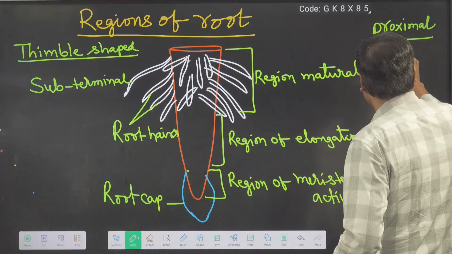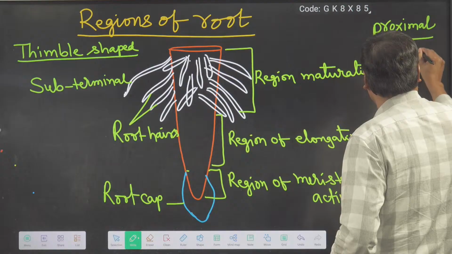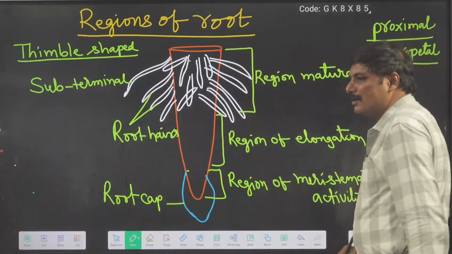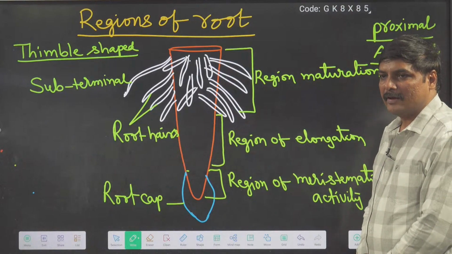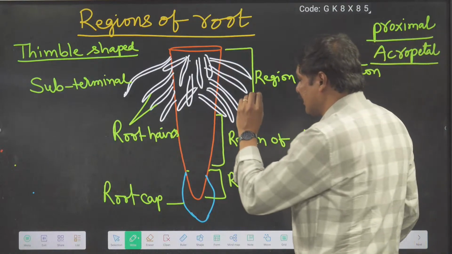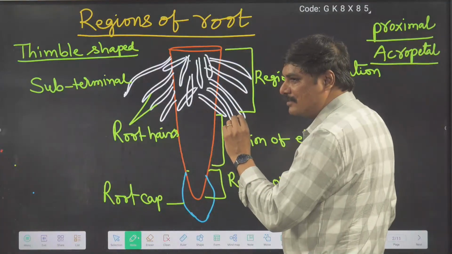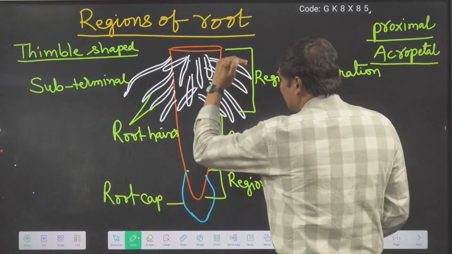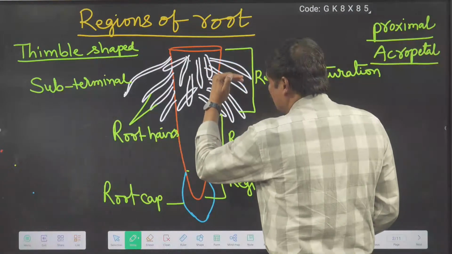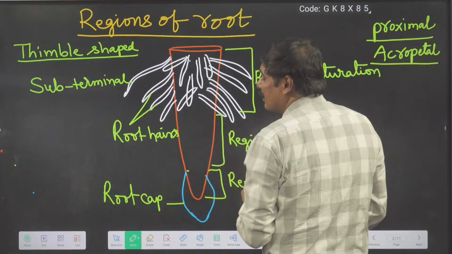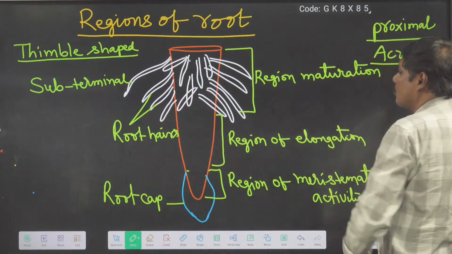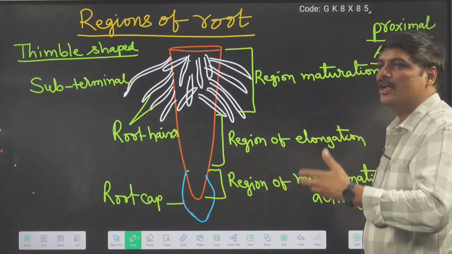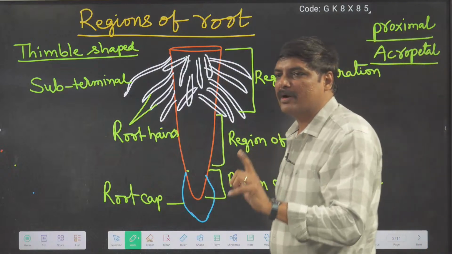You have to understand this terminology. Older root hairs are at the base, and younger root hairs are at the apex. Such an arrangement is called acropetal arrangement. Gradually, older root hairs are replaced by new ones, which means they are not permanent.